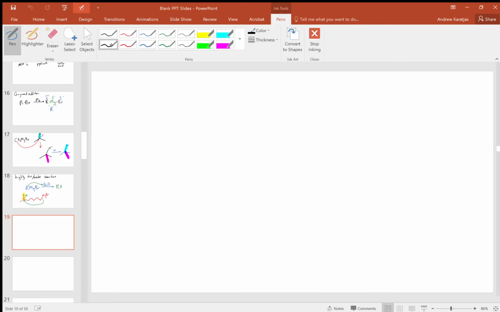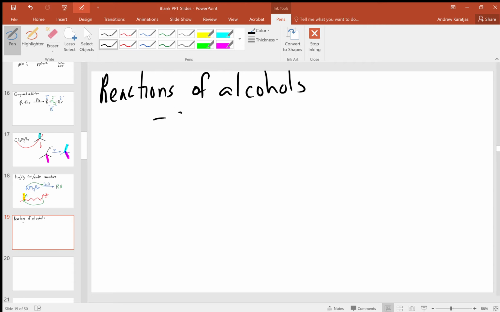So now we move on to reactions of alcohols. And by far, the most important reaction that we have for alcohols is the oxidation.